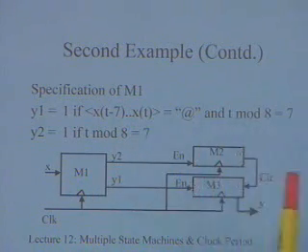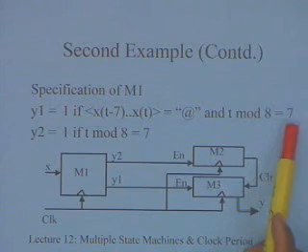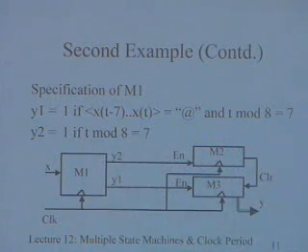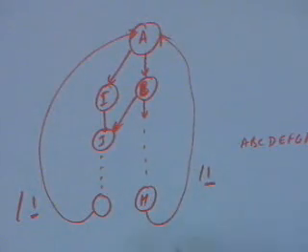So time wise I am actually in the 8th bit. T mod 8 is 7, which means I am at the end of it. Then my output is 1, which in this state diagram will come from the output.